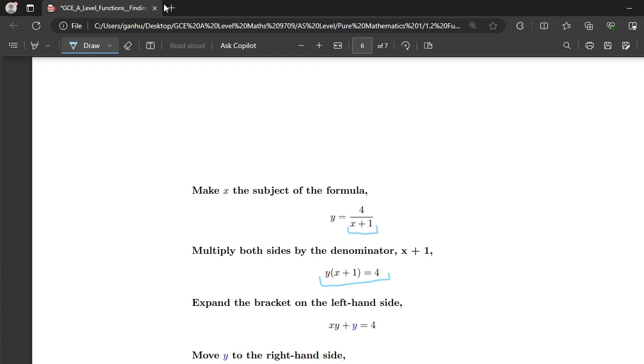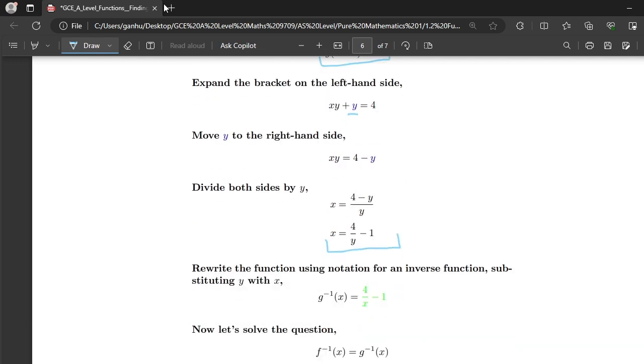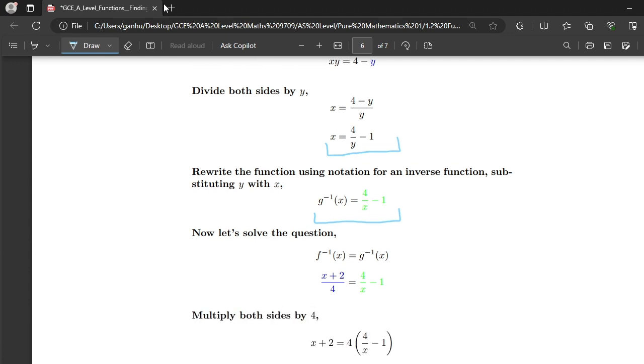Multiply out to expand the bracket, and you get xy plus y equals 4. And let's make x the subject of the formula by moving this y to the right hand side and then dividing both sides by y. And we get x is equal to 4 over y minus 1. So that means g inverse of x is equal to 4 over x minus 1.